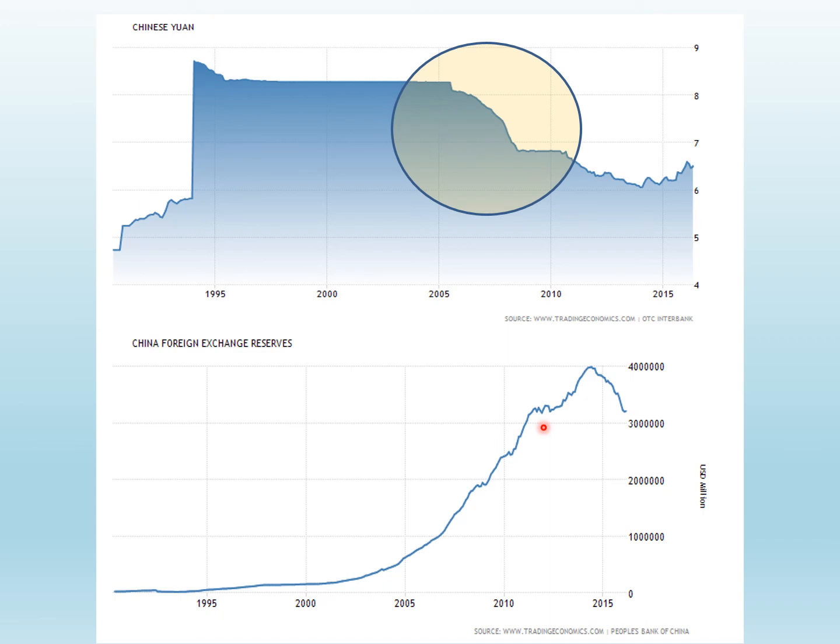Now, if you look at the two periods we have here, the yuan is fixed and then the yuan begins to appreciate. At the same time, the reserves are built up and built up and built up.